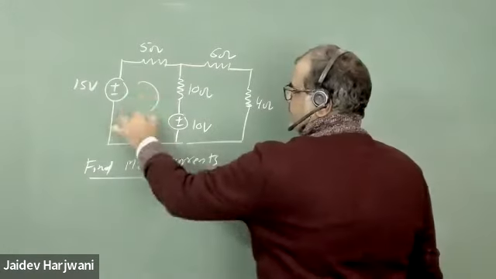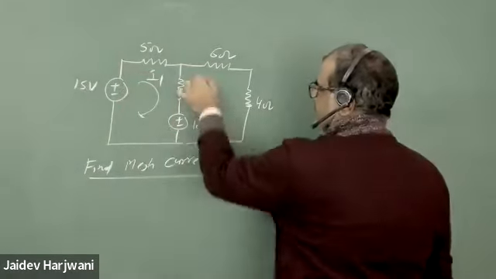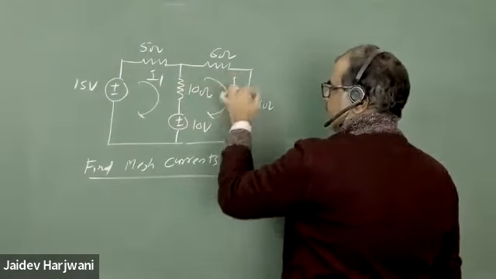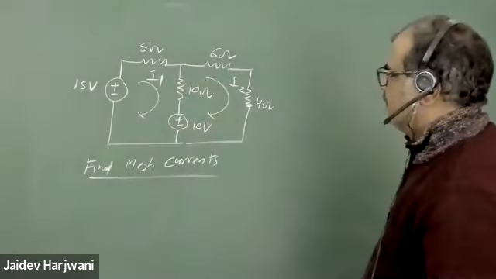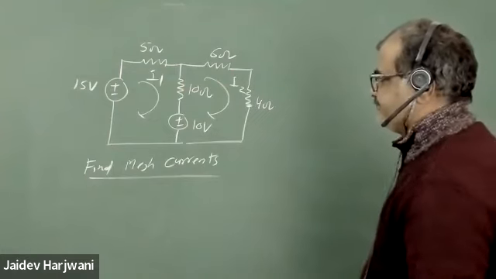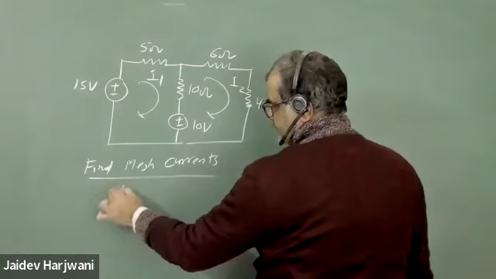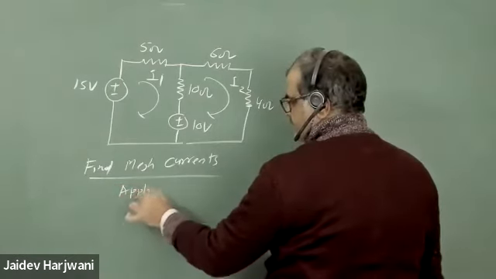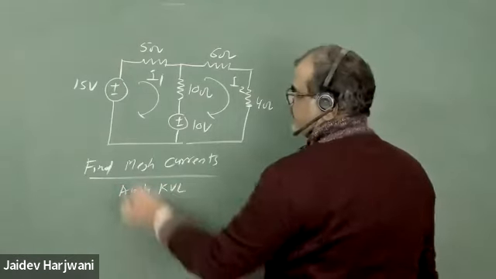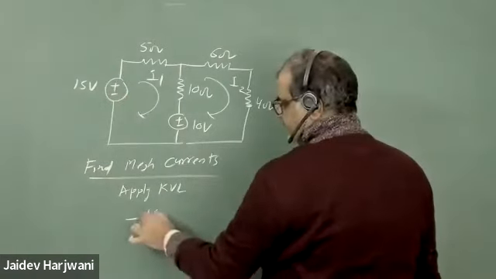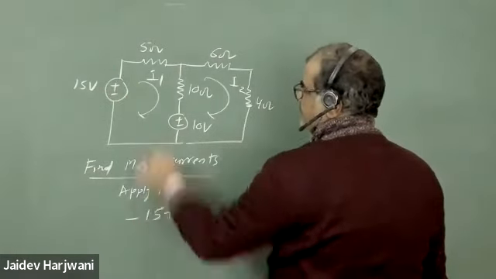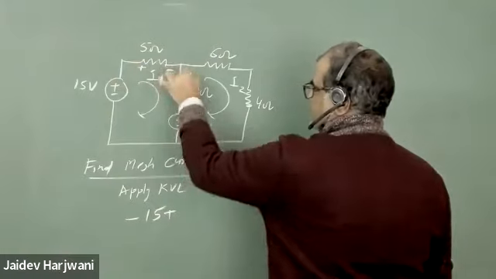Apply the currents. Say this is I1, and say this is my I2. Now what is I1? Write KVL. So apply KVL. This will be minus 15, then plus minus, plus minus.